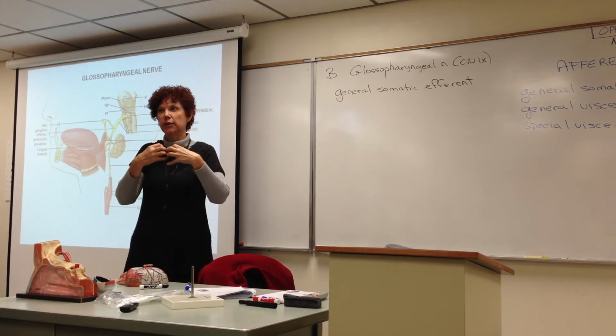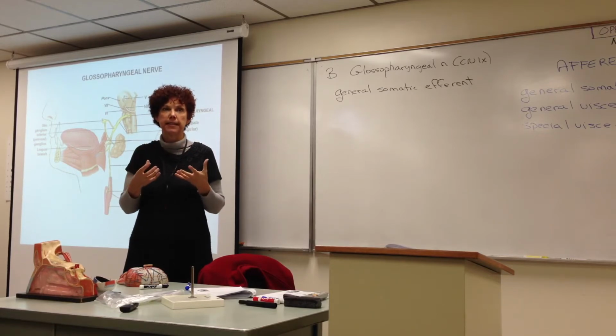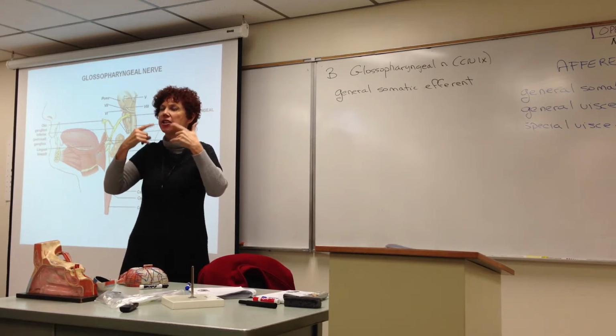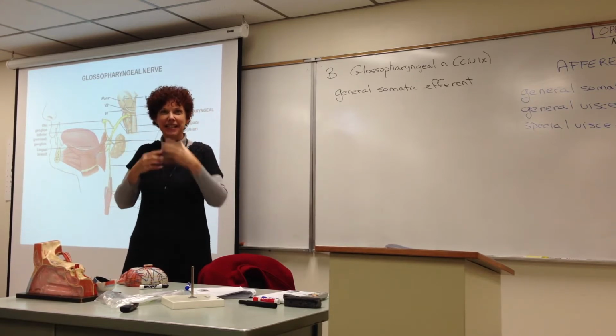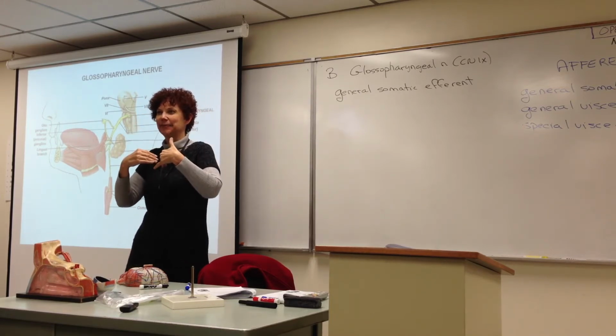Now that first set of swallowing is voluntary muscles, so I can swallow on purpose. I can start that, but I don't have to actually activate each of the swallowing sequences and squeeze that food down. So once I start that first swallowing, the rest of that is a reflex. Okay?